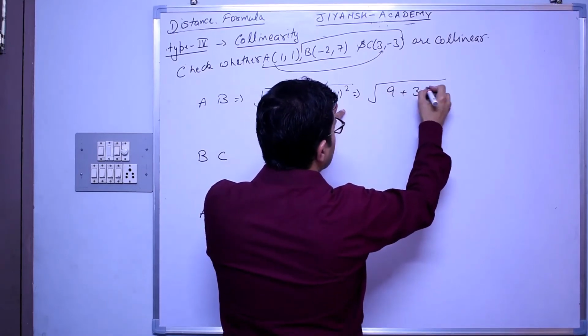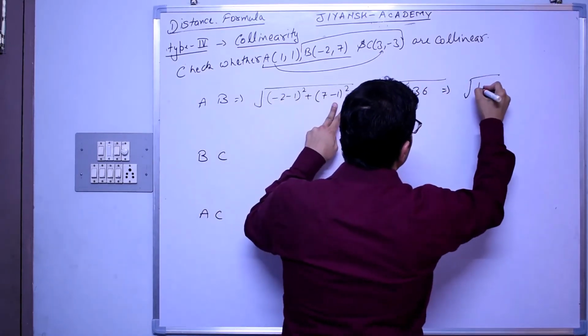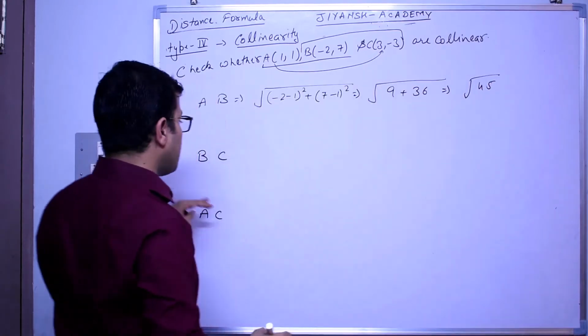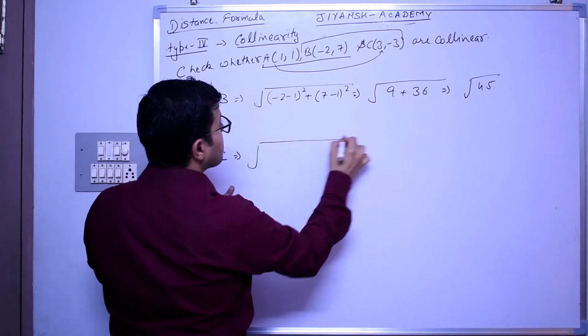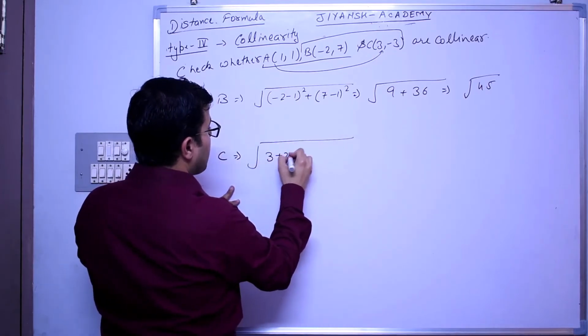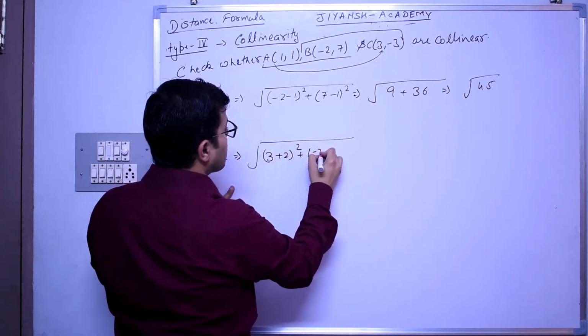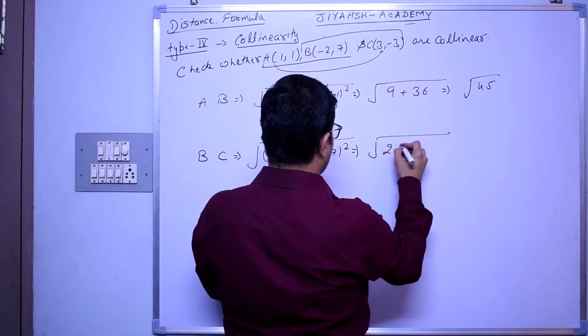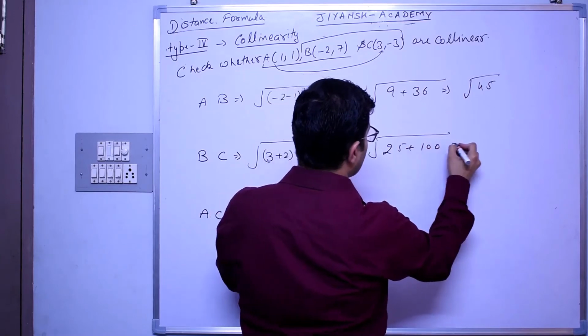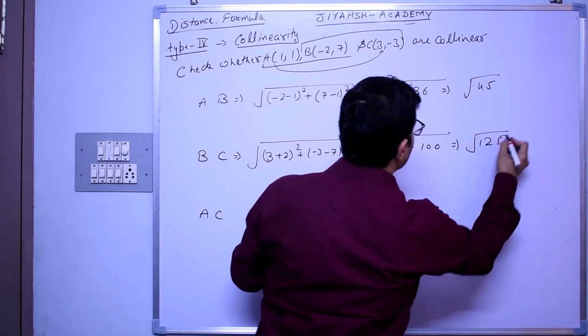This becomes 6 square, that is 36. This becomes root 45. Now BC, this will be 3 plus 2 whole square plus minus 3 minus 7 whole square. Now this will be 5, that is 25. This will be 10, that is 100. So this comes out to be 125.